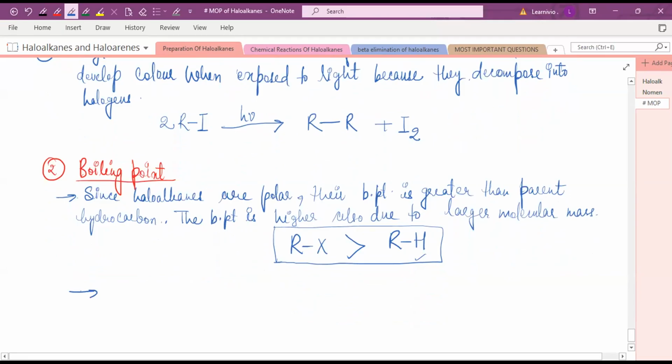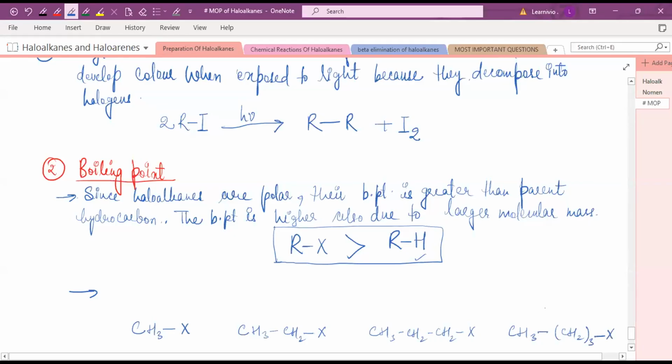And one more point: the boiling point is directly proportional to the number of carbon atoms. If the number of carbon atoms is more, then the boiling point is also more. For example, CH3X, CH3CH2X, CH3CH2CH2X, and so on.